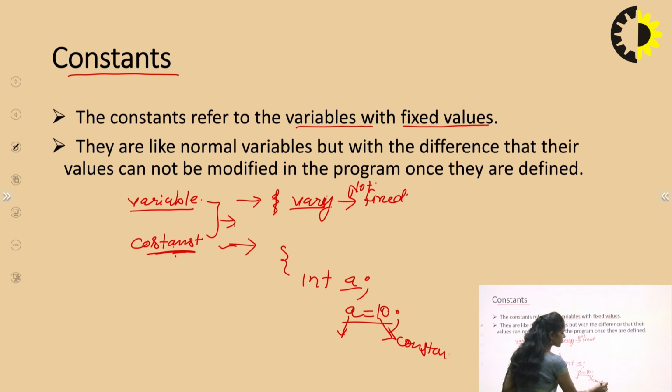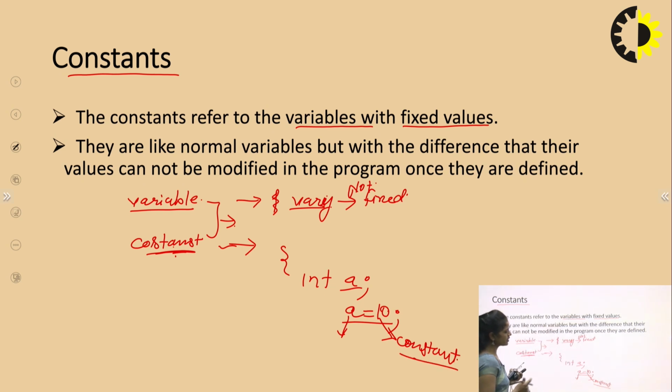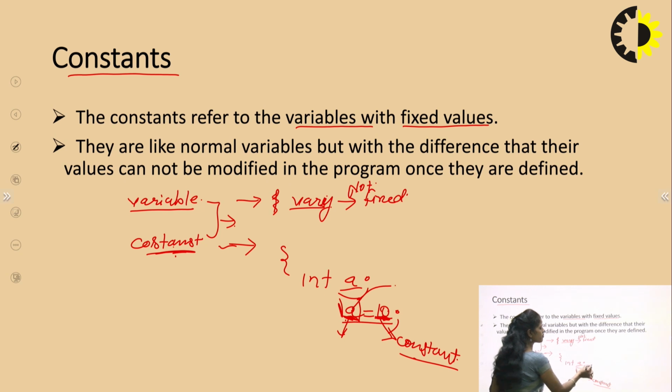So basically we come to know the meaning of the constant. Whenever we are working on a variable, if I am assigning some kind of value to the variable, this value cannot be changed any time, we can never change it, but the value of a may vary.